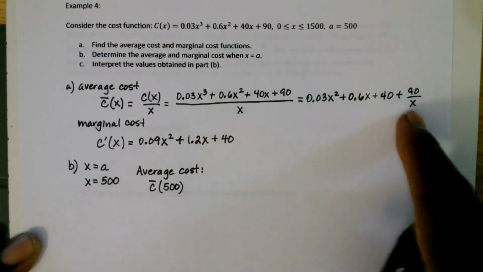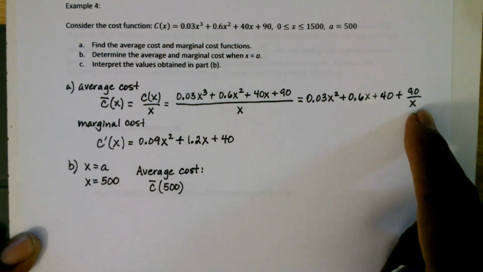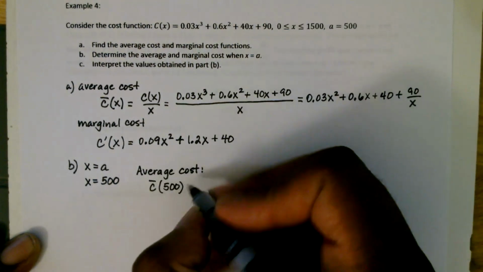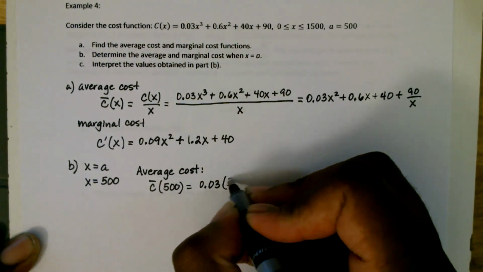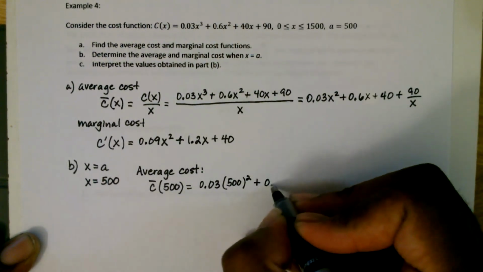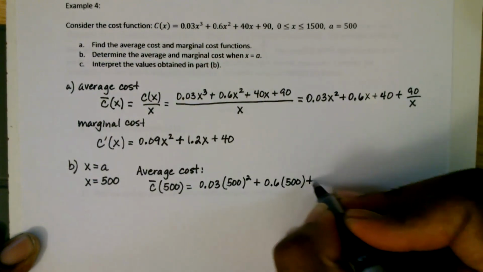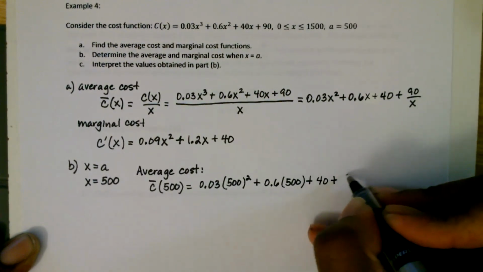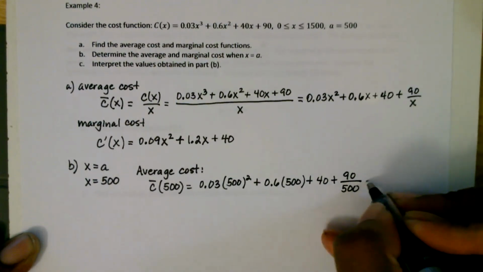We use this formula for C bar of x, just substitute the x with 500. So we're going to have 0.03 times 500, and that's going to be squared, plus 0.6 times x, which is 500, plus 40, plus 90 over x, which is 500.